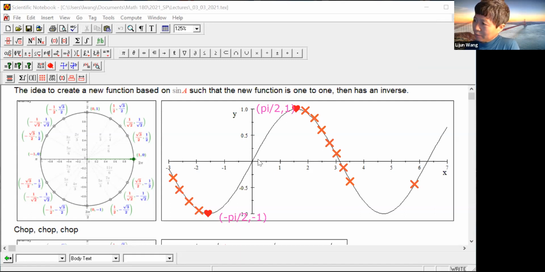If we only have this piece left, how is that translated to the unit circle? Which part of the unit circle will be chopped off? I'm going to leave this question for you to think about.